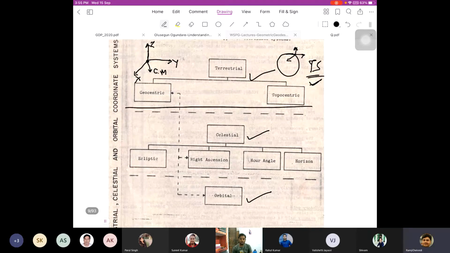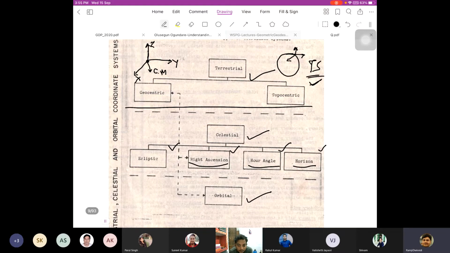Then in the celestial system, although we will not discuss much about celestial now, there are four types of references you may be interested in: ecliptic, right ascension, hour angle, horizon.